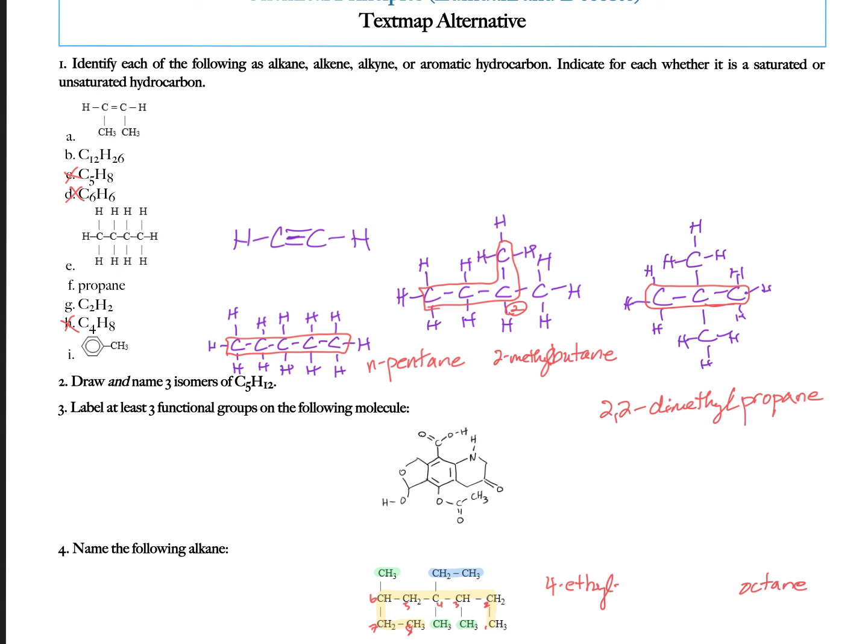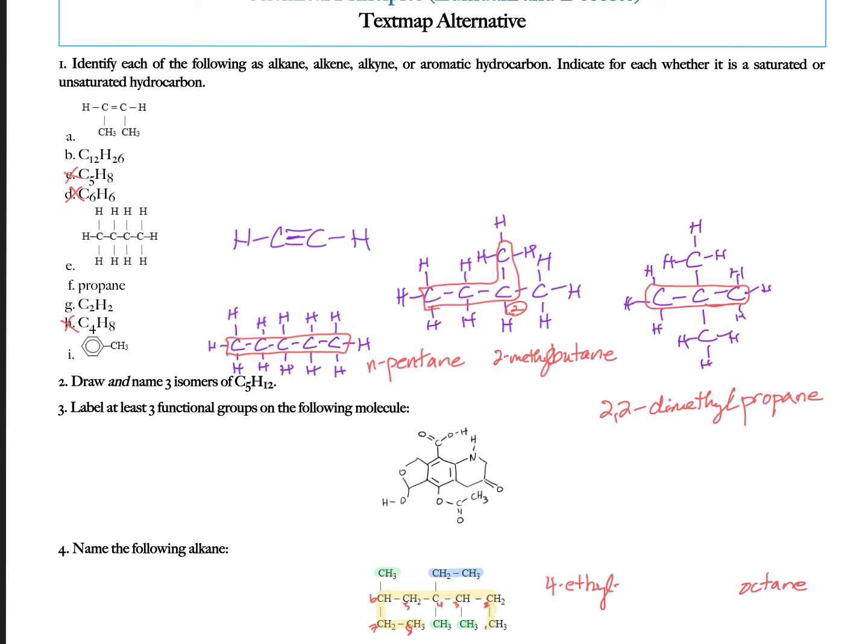So we've got the beginning of the name, we've got the ending of the name. Everything else is about these methyls. Now remember when we were naming this one up here, and we could have said 2-methyl, 2-methylpropane, but that's too repetitive. We shortened things by using commas on the numbers, and we used the prefix di to say that there were 2 methyls branching off of the main chain.